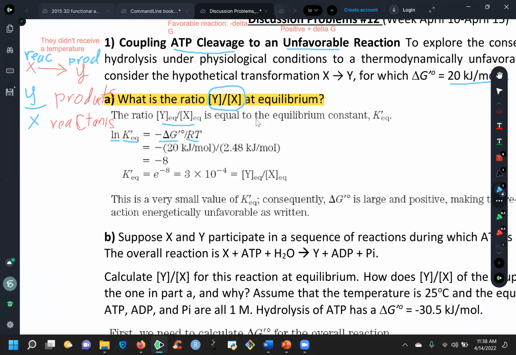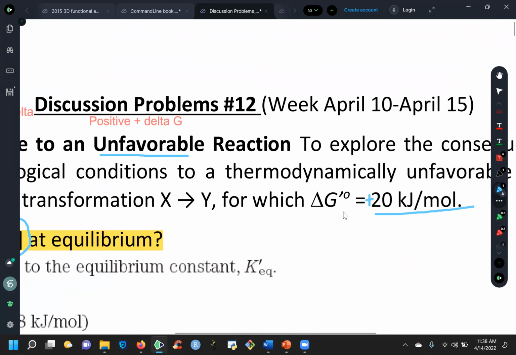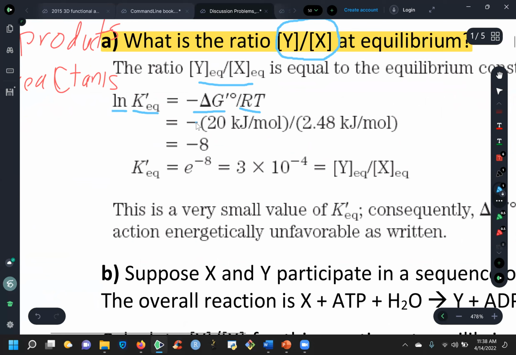Whenever I don't see the positive sign, I draw it in, because I need it to be blatantly obvious to me. So we just have, don't forget your negative sign here, because that one was already there. And then we have 20 kilojoules per mole divided by, here they didn't give us a temperature, so they just assumed that they did, which is fine. On the exam, you're going to get a temperature.